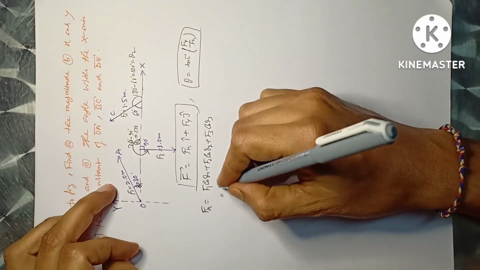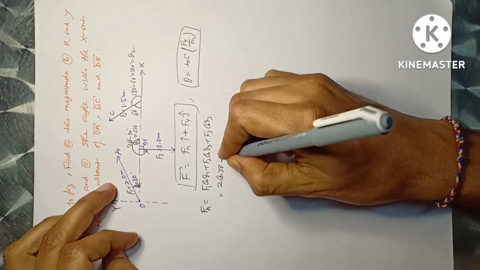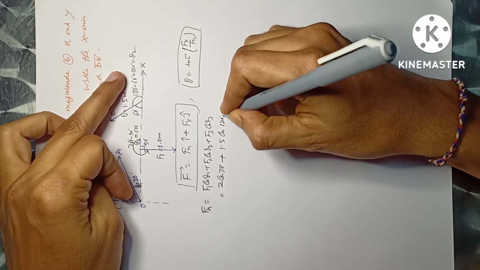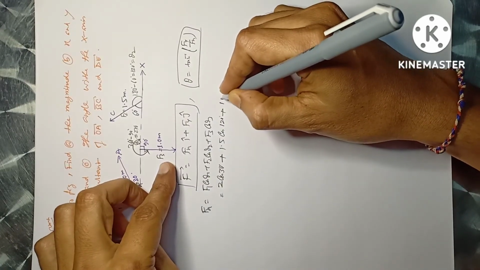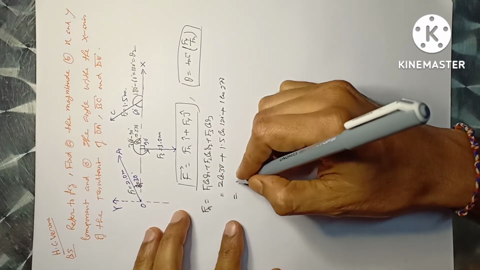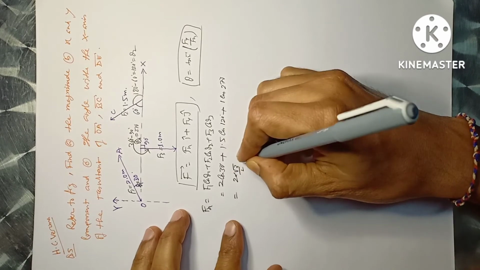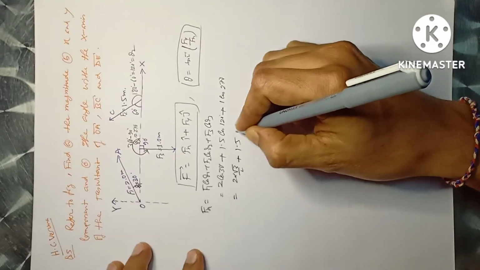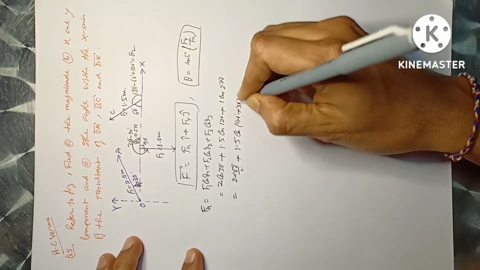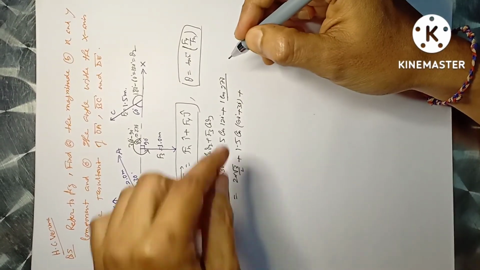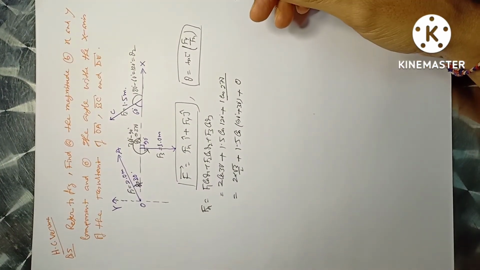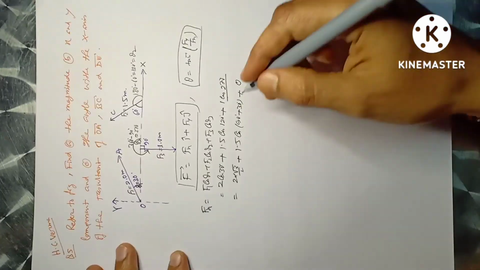Just substituting, 2 cos 30 degree plus 1.5 cos 120 degree plus 1 into cos 270 degree. So 2 into root 3 by 2 plus 1.5 cos 90 plus 30 degree plus cos 270. Cos 270 means 0.